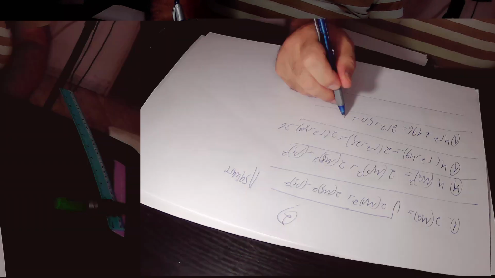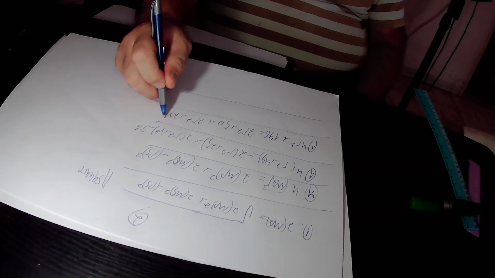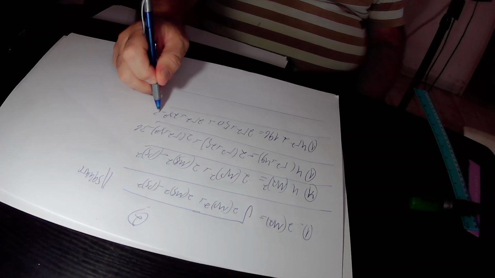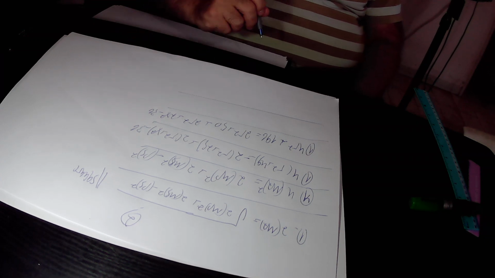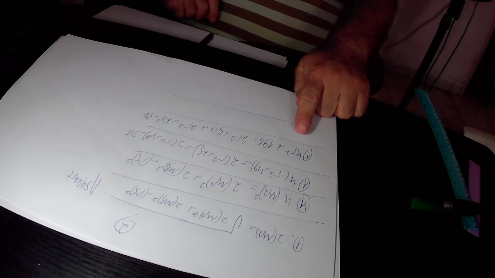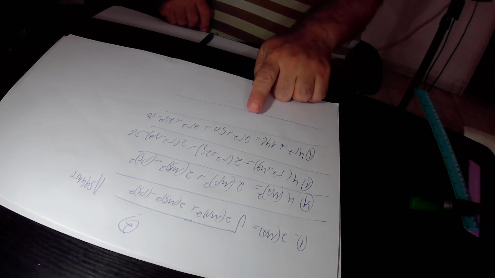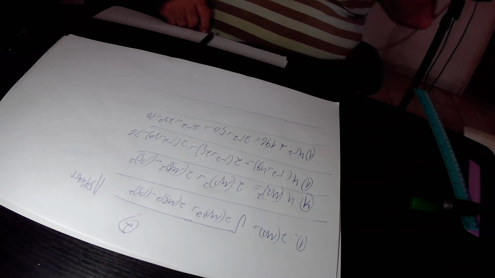We have also 2 times r squared plus 2x squared minus 36. So on this side of the equation we have 4r squared. On the other side we have 2r squared plus 2r squared, that is also 4r squared.